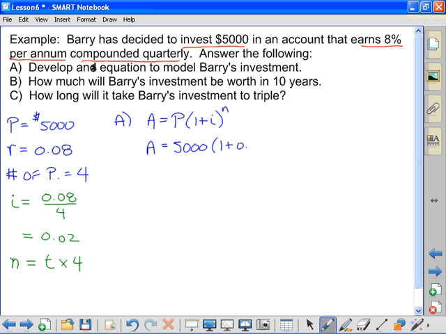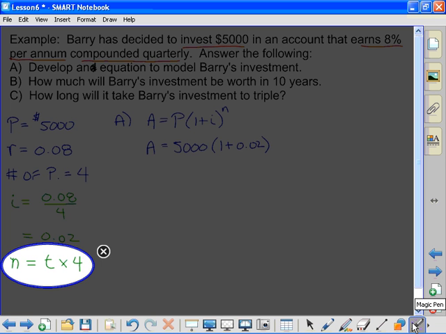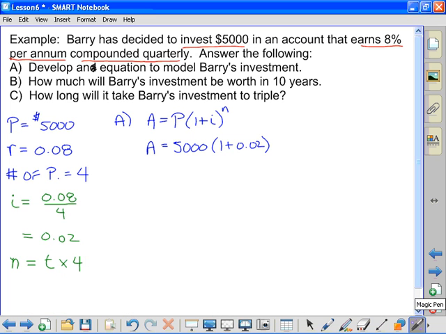The I have calculated, and the exponent N is going to be exactly what I've penned out for us down here. We're going to replace it with T times 4, or that's just 4T, right? We don't need the multiplication sign in there, so we can just write it as 4T. So it's the exponent 4T. And there we go. There's A part answered. Just put a box around that.